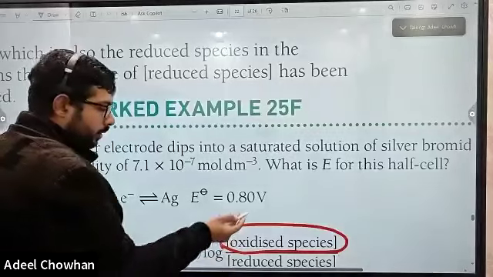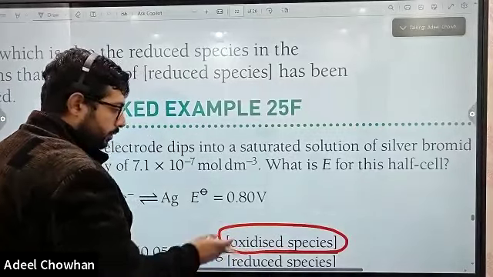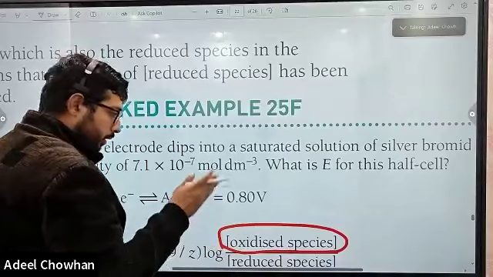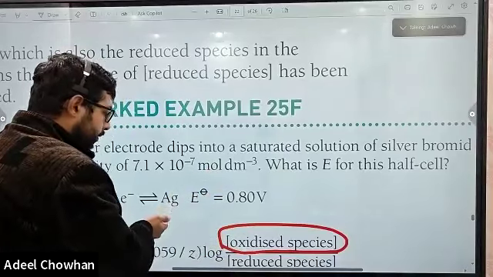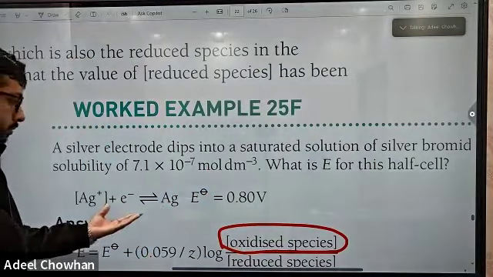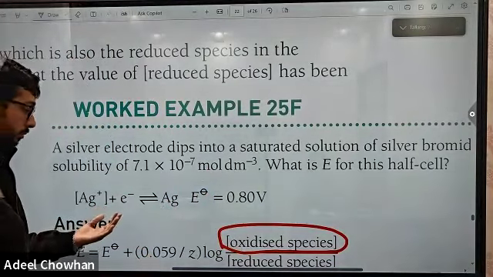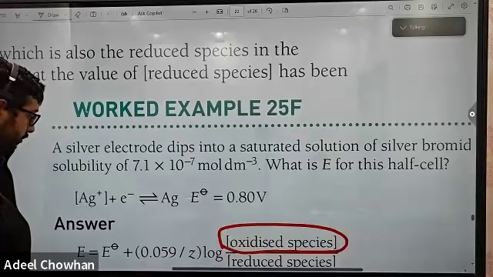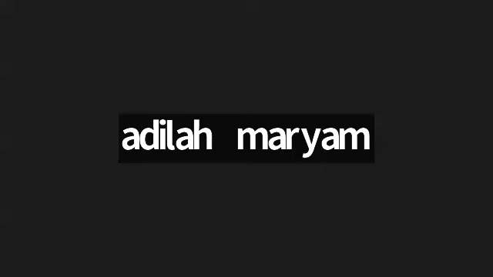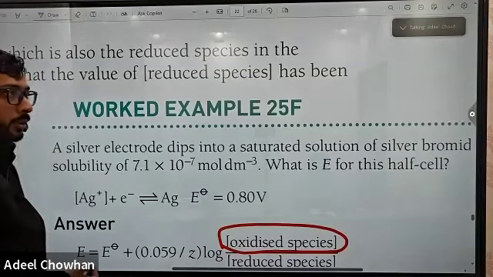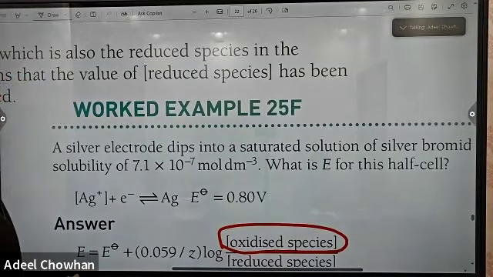I'm asking, this oxidized species, which is given in the formula, which species is represented in this reaction? Ag. Recall your knowledge of the oxidation number.